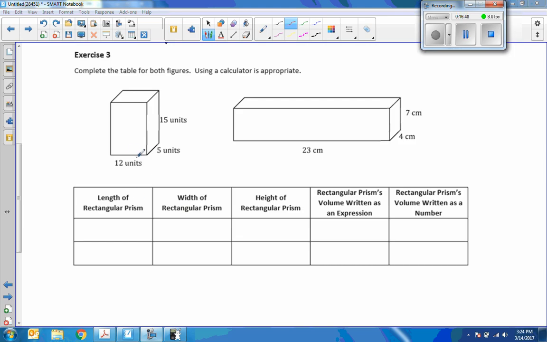Okay, length of this rectangular prism. Length, 12 units. Width, 5 units. Height, 15 units.